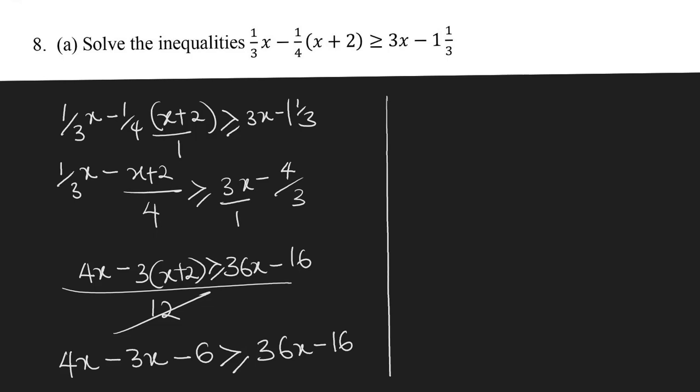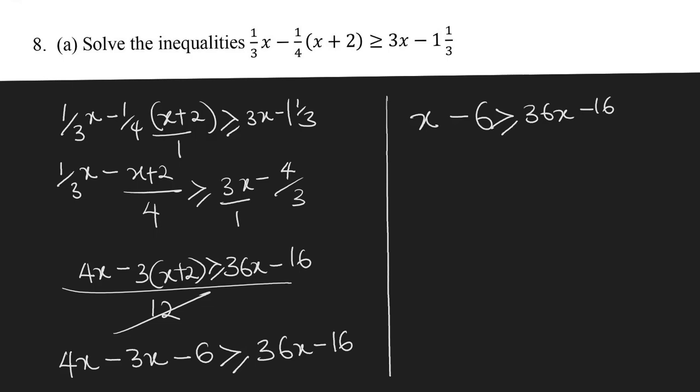So we're going to have x, then minus minus 6, then greater or equal to 36x minus 16. So collecting like terms now, we move the x to our right hand side while the numbers go to our left hand side.